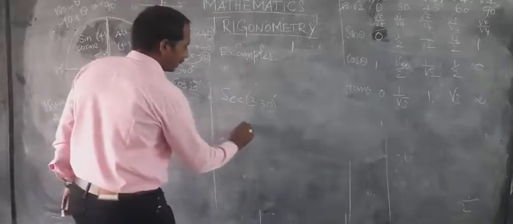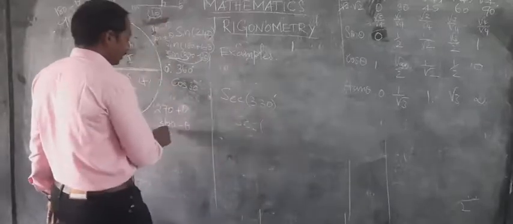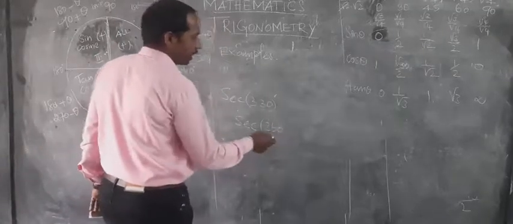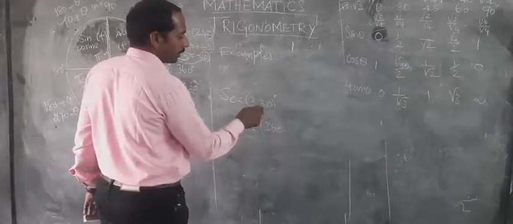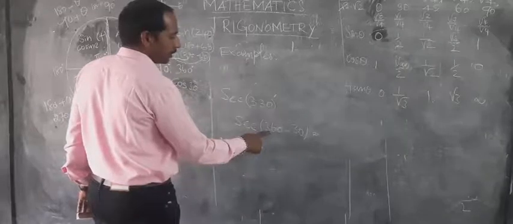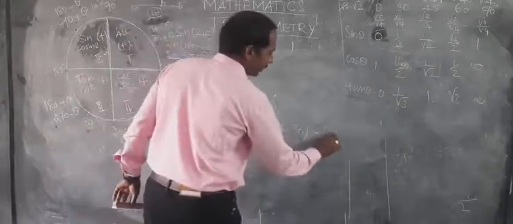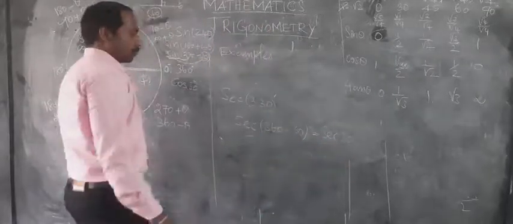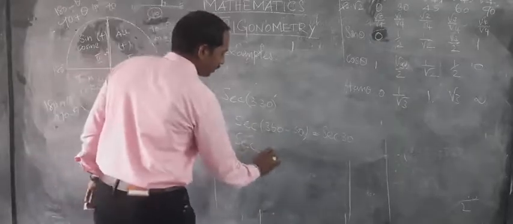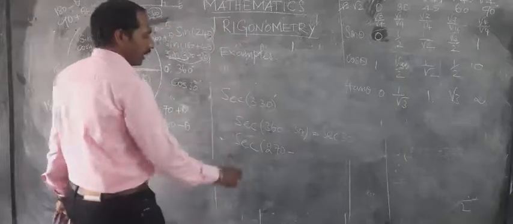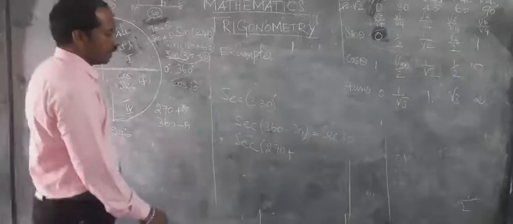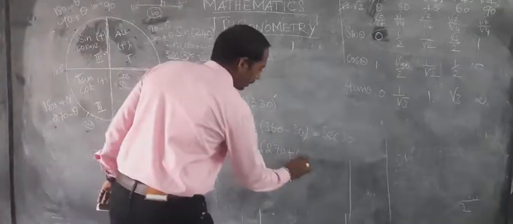Secant of 360 minus theta, using the horizontal angle: which theta if I subtract from 360 gives 330 degree? 30, so the theta does not change. Next, the vertical angle: 270 plus theta, because they particularly have 270 plus theta. Which theta if I add gives 60?